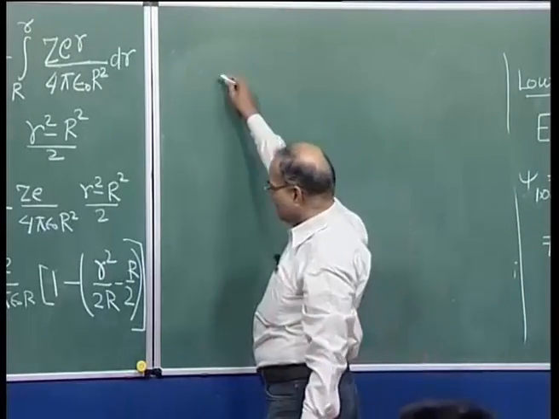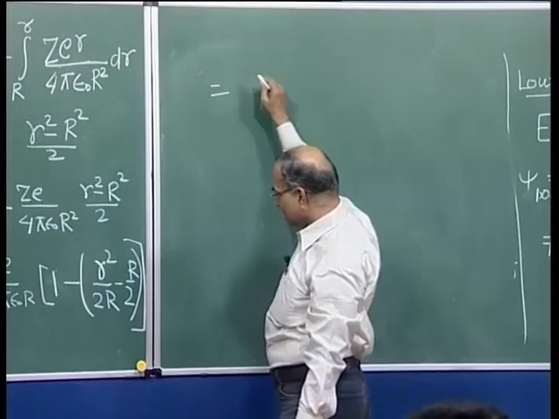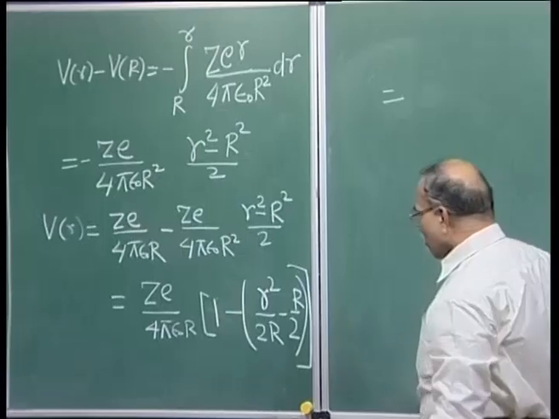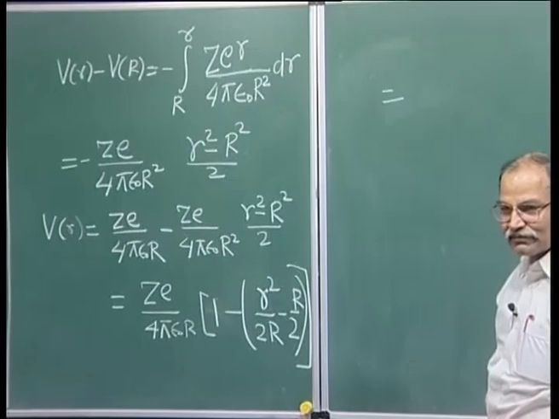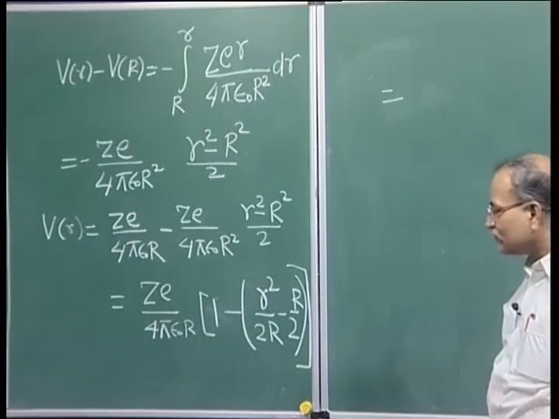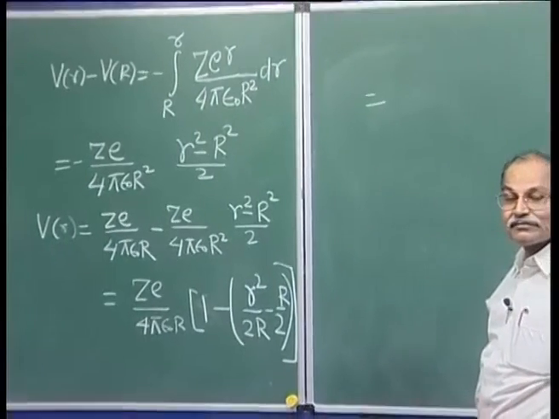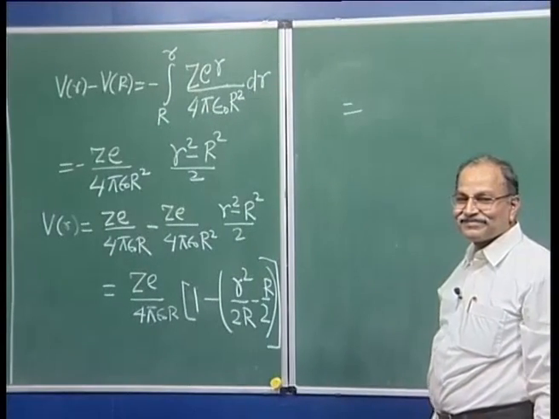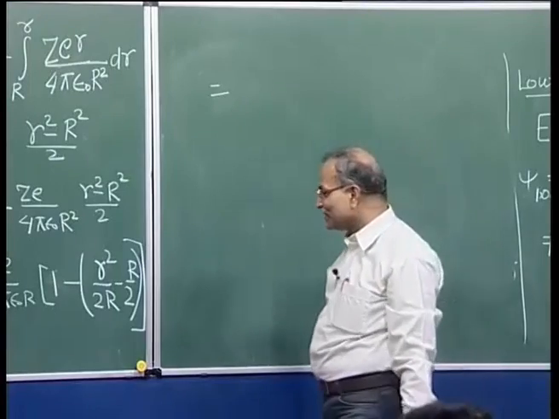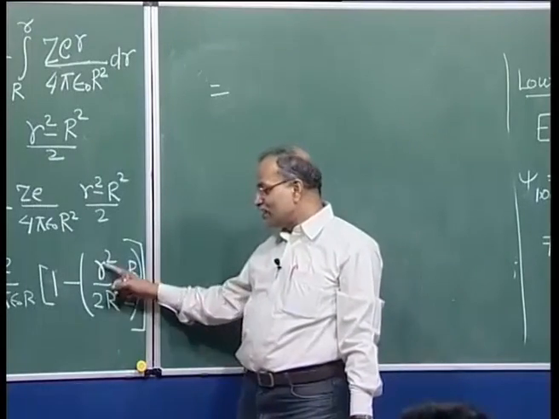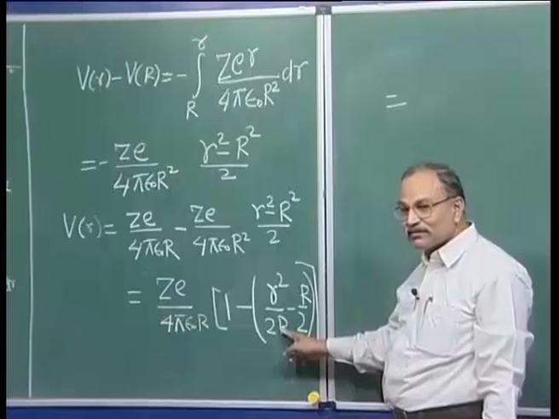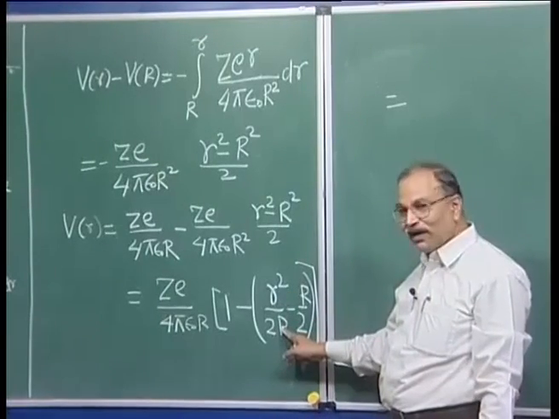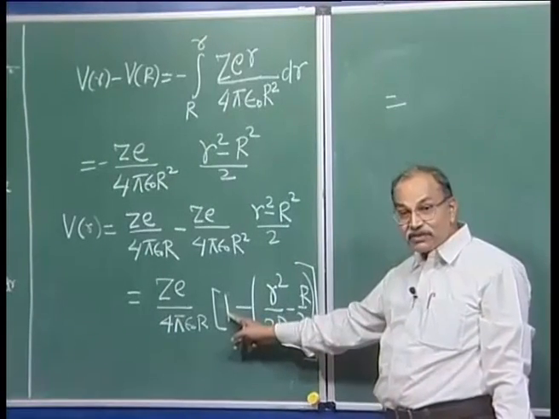So, make it better looking, but this is wrong, this cannot be correct, this expression cannot be correct. This has to be wrong, because the thing that you have told here has a dimension of length, it is r square divided by r, and this is dimensionless.